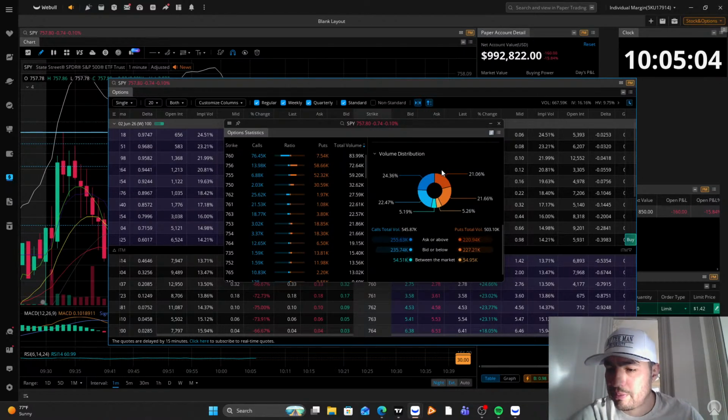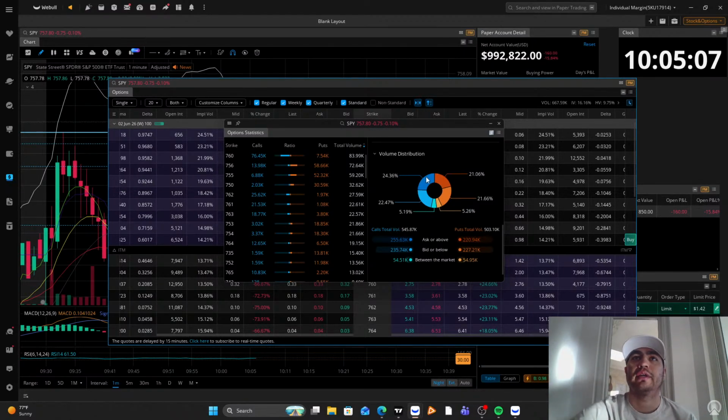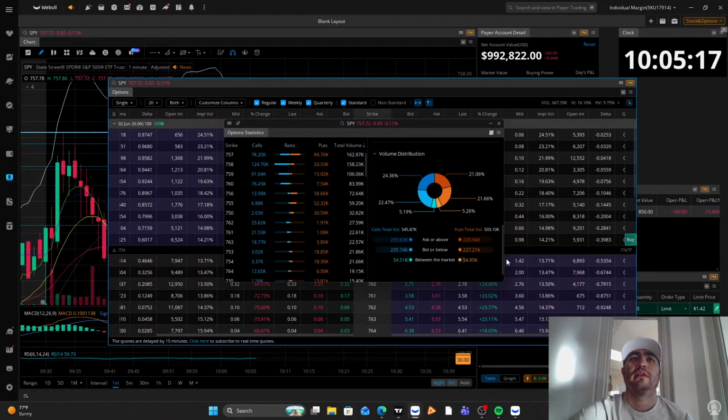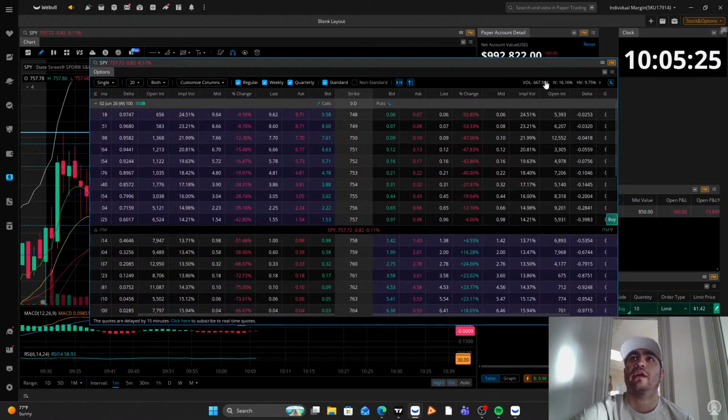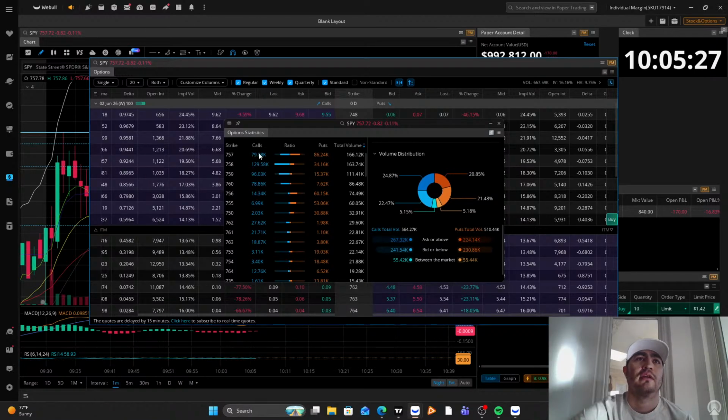Anyway, you can pull up these statistics right here, and you can clearly see calls and put totals, and gauge your own way of how you want to trade it. So looks like the bulls are probably going to win here. So let's look at the call ratio. It looks like at 758, yeah, you got calls up to 758. Got a bunch of them right here.